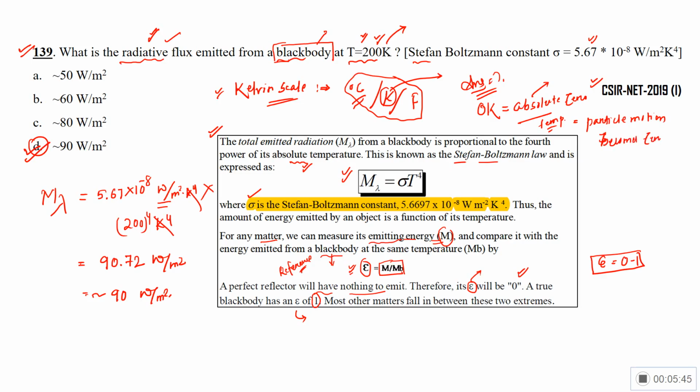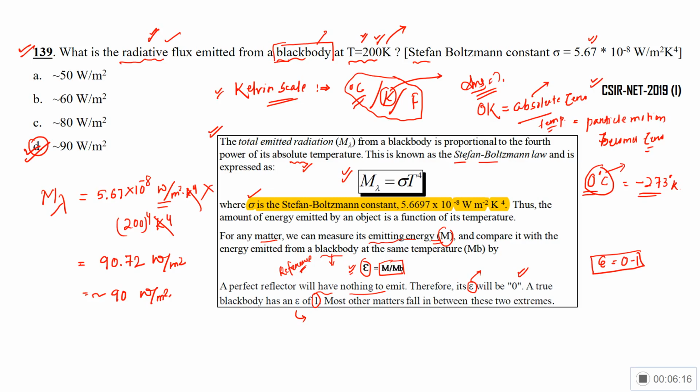That's why we use the Kelvin scale many times, because 0 degree centigrade is 273 Kelvin, which means at 0 degree centigrade some particle motion is still there, because it is not the absolute temperature. For this very cause, we use the Kelvin scale many times. So this is all about this question.